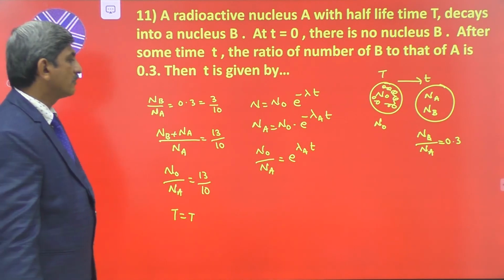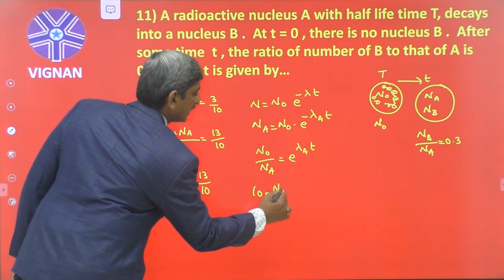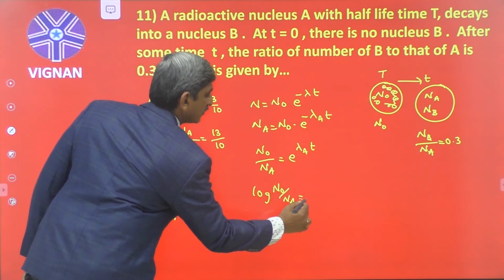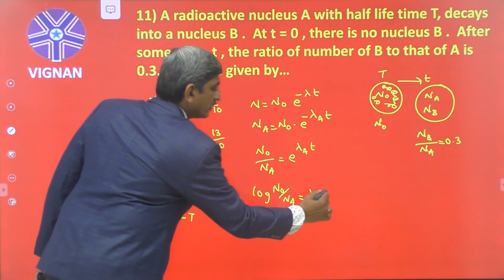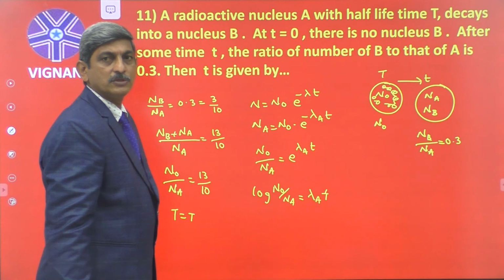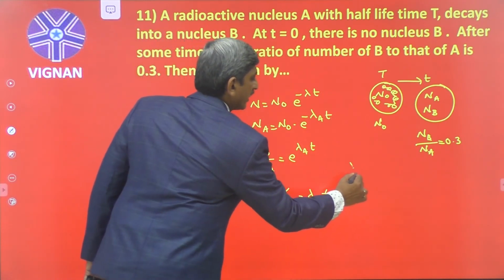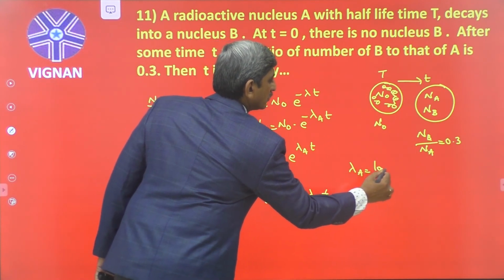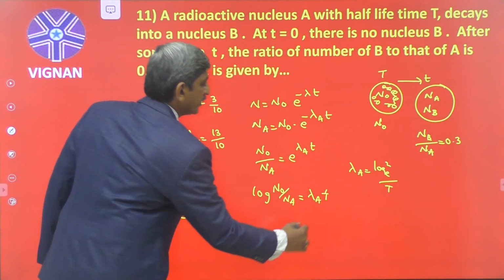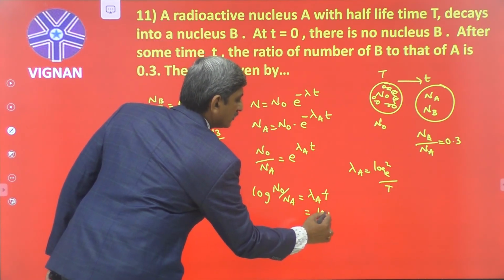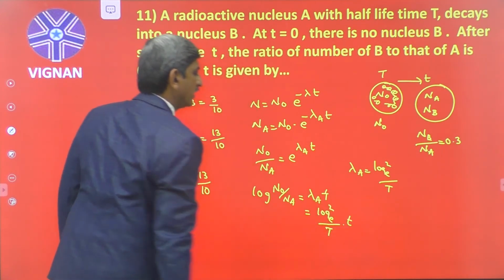By taking logarithms on both sides, it gives log N0 by NA is equal to lambda A into t. But already we know that lambda A is equal to 0.693 divided by half-life time, or lambda A is equal to log 2 to the base e divided by half-life time. By substituting that, it becomes log 2 to the base e divided by half-life time into t.